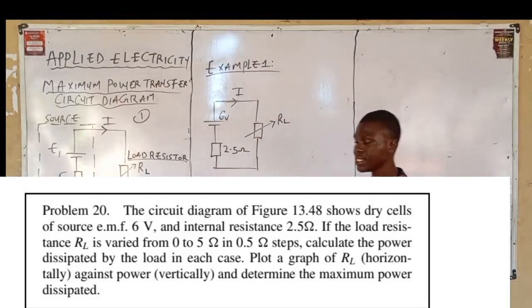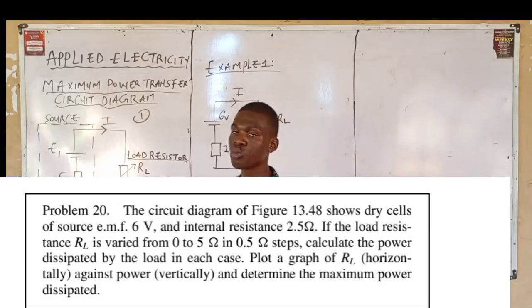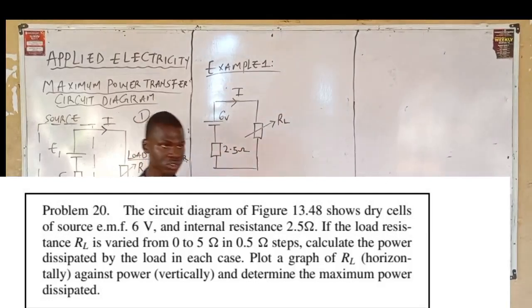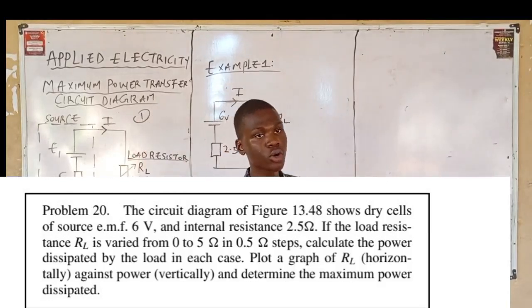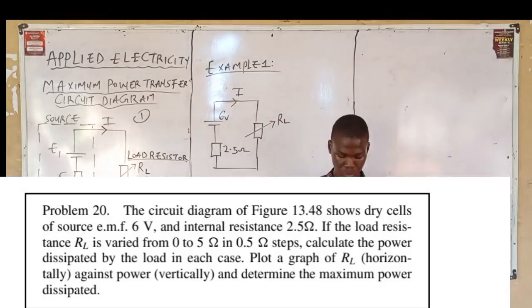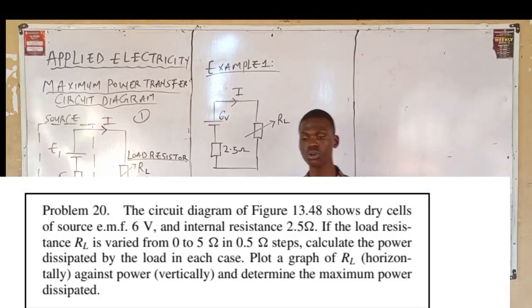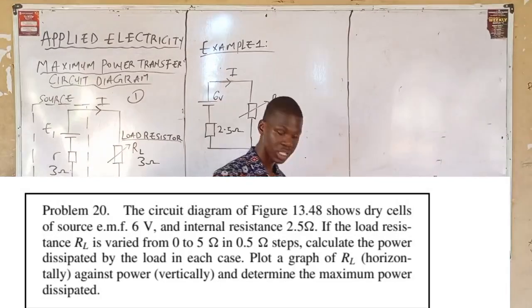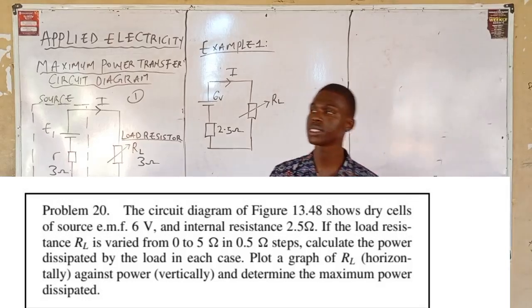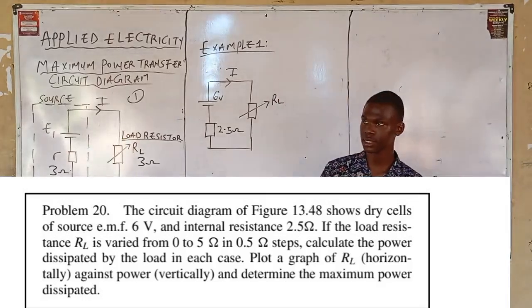The question says that the circuit shows a source of 6 volts and an internal resistance of 2.5 ohms. If the load resistance varies from 0 to 5 ohms in 0.5 ohm steps, calculate the power in each case.